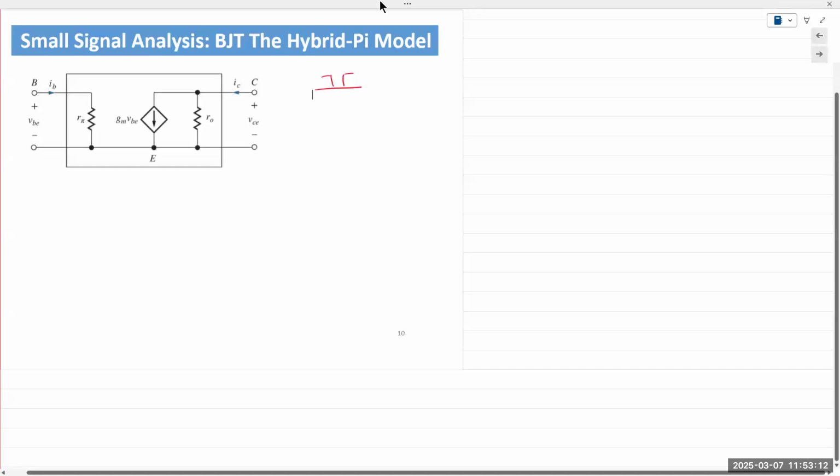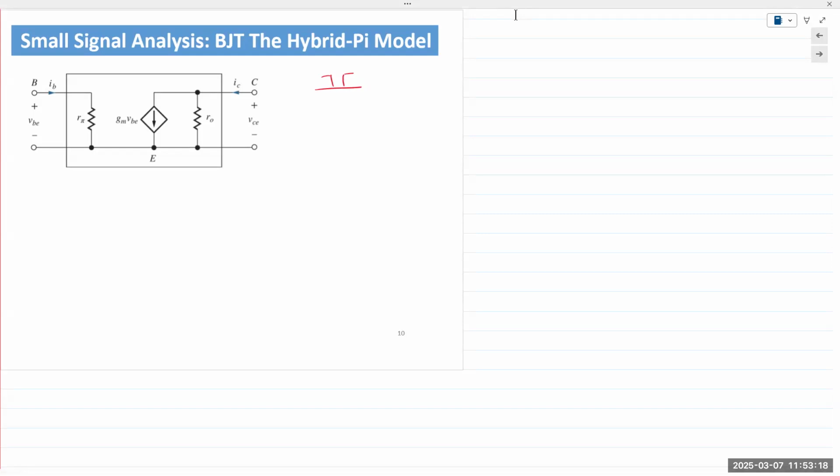Okay. So in this case, we are not looking at the input side as a dependent current source. We're getting rid of it. We simply have r pi on the input side, ro, the output resistance, and then IC, a dependent current source, as a function of the input voltage. And here, we can write gm is IC over VT. r pi, the input resistance, can be written as beta O over gm, that is beta O times VT over IC.